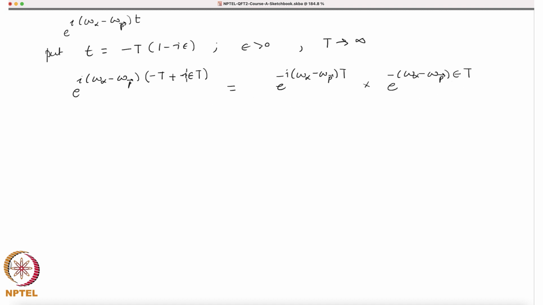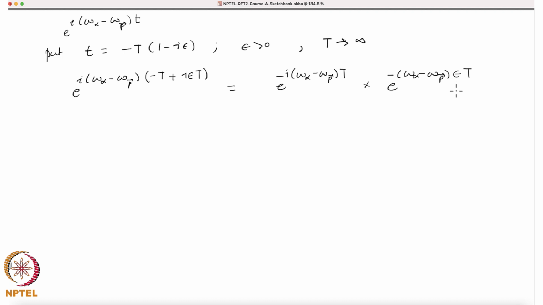Now understand why I made this choice for this t. If I choose a plus i epsilon, then it will not help, because then I will get a plus sign here, and you'll see in a moment why I need a minus sign here. Epsilon is fixed, some small number but fixed, and now I am going to take T going to infinity. If T goes to infinity, this provides a damping factor and gives you 0, and kills the entire contribution. Why?